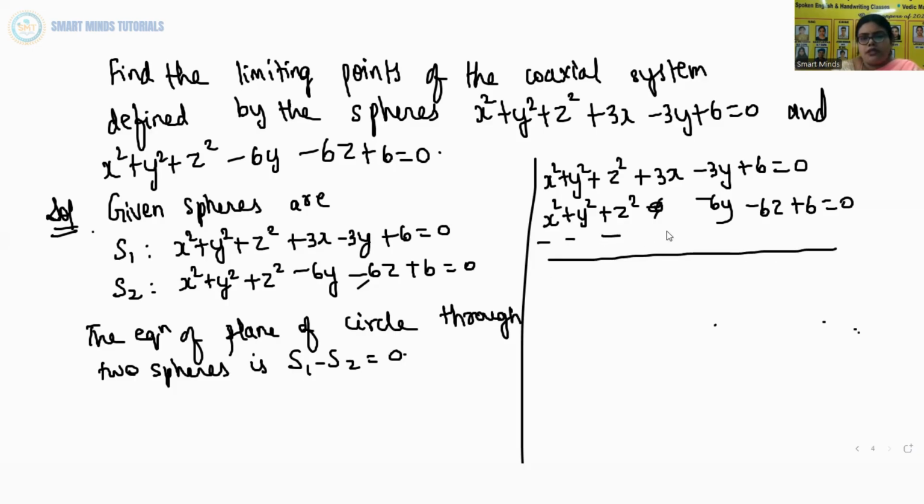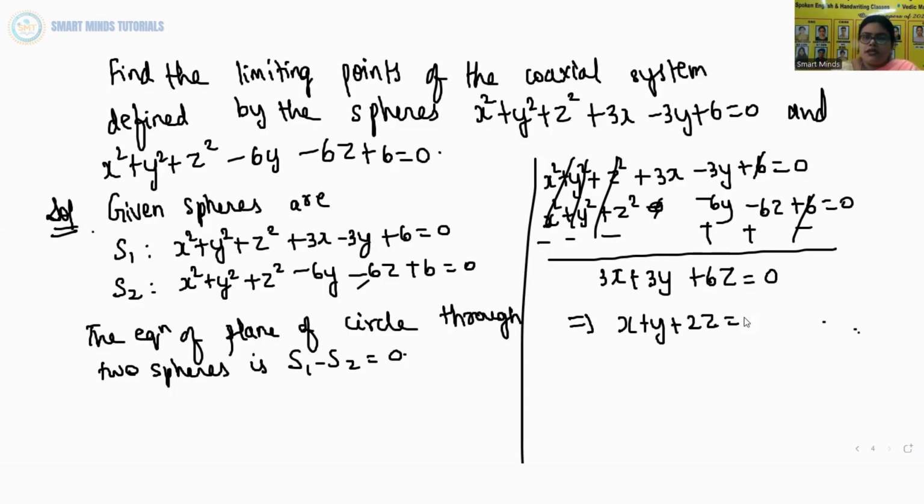If you change the signs, x square, y square, z square get cancelled, and 6 minus 6 also cancels. So we get 3x plus 3y plus 6z is equal to 0. If we take 3 common, we get x plus y plus 2z is equal to 0.